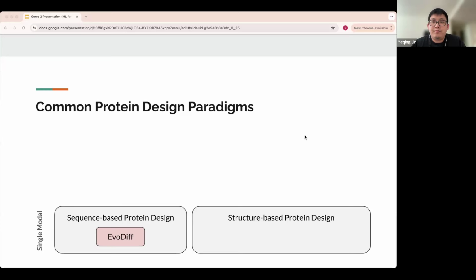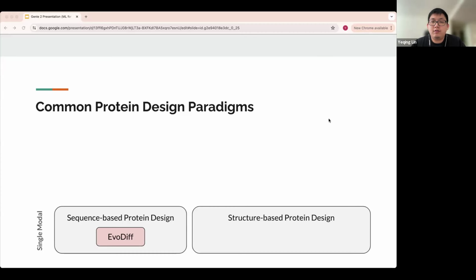Another very popular protein design paradigm is structure-based diffusion, which aims to capture the protein structural space instead. What motivates the development of this type of model is that structures are more closely related to protein functions. And by designing structures directly, it might be easier for us to design proteins with target functions.